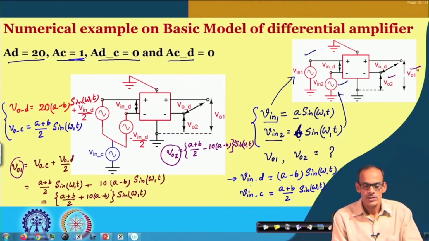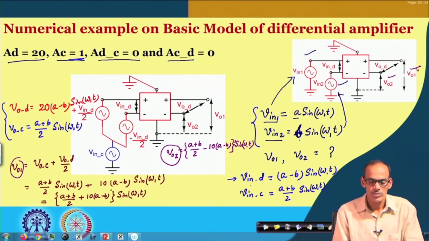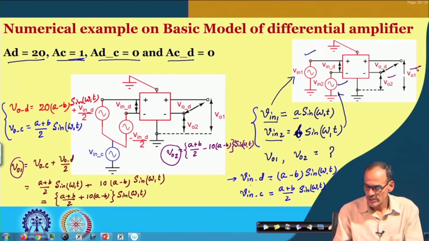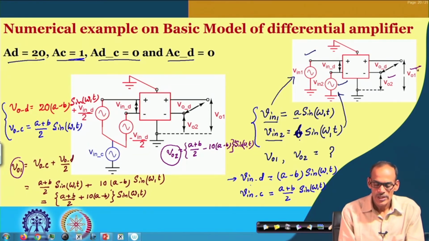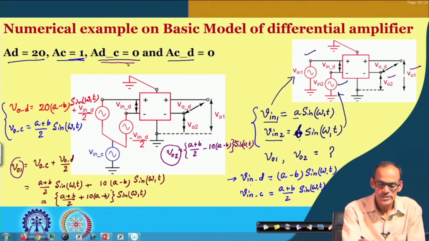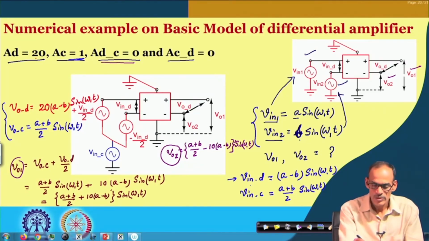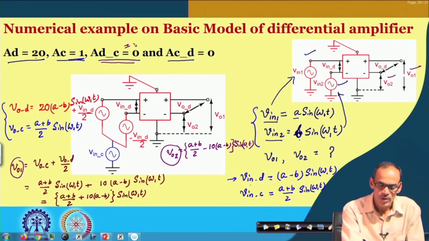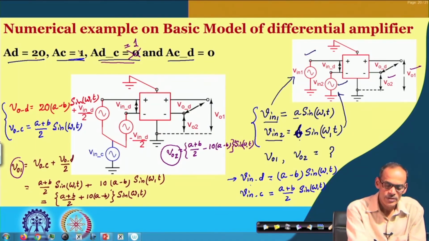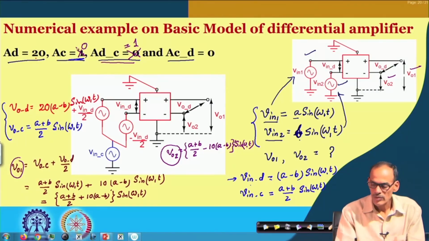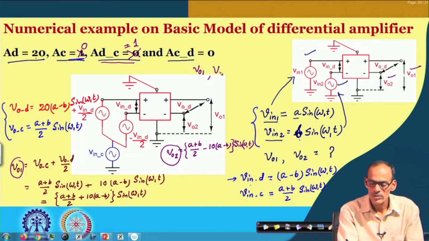Probably we can work out some more numerical problems, but I think it will be more interesting if you consider one of these two entities non-zero. Say this is equal to 0, this is equal to 0, but this is equal to 1. Instead of 0, if I consider this is 1, and on the other hand this is 0, then you can find the corresponding V O 1 and V O 2.